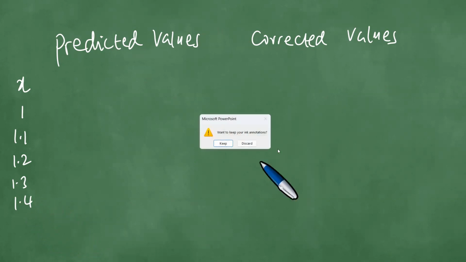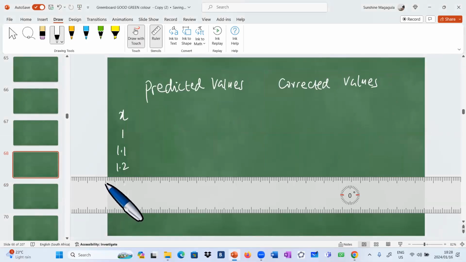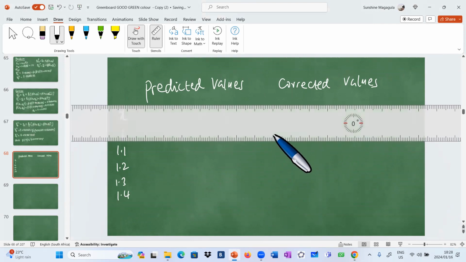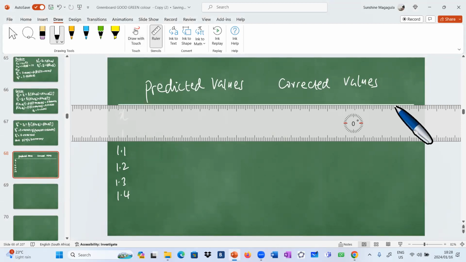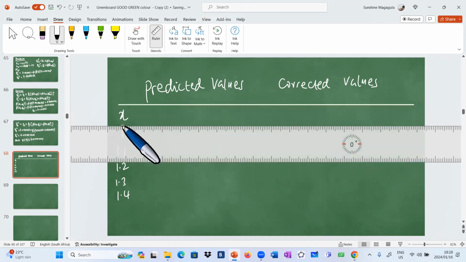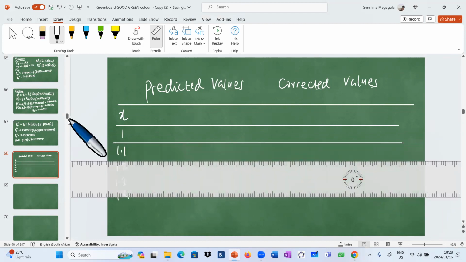Let me just have the ruler, please, otherwise the table is just going to be so untidy. Then you can draw lines here, and another line here, and another here. I'm just going to be plugging in the values here.